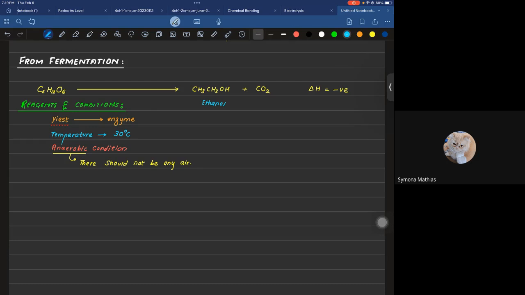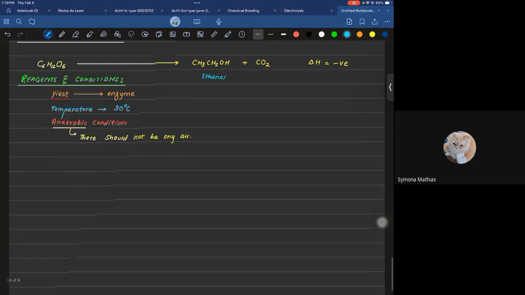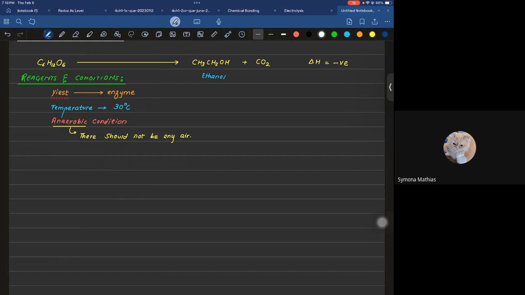And let's suppose there is no anaerobic condition, meaning there is air in that place, then glucose will oxidize, remember.